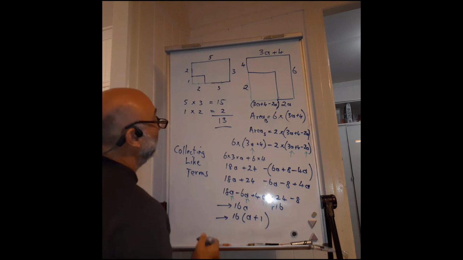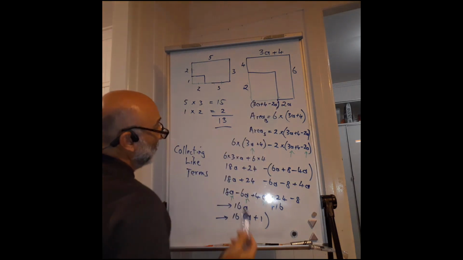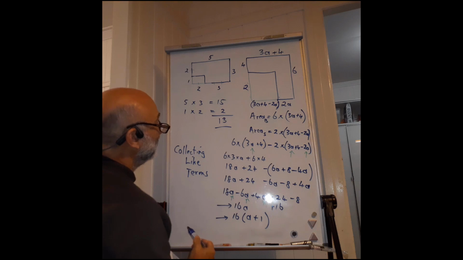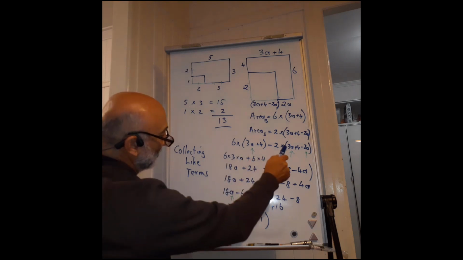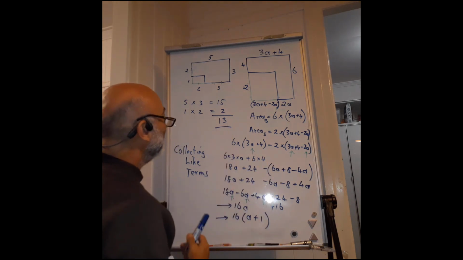And that then represents the area that we were looking for. And if we ever found out what a actually is, we can simply calculate what the answer is. So it looked really messy there for a while, but we finally got to a simple expression that gives us what we want.